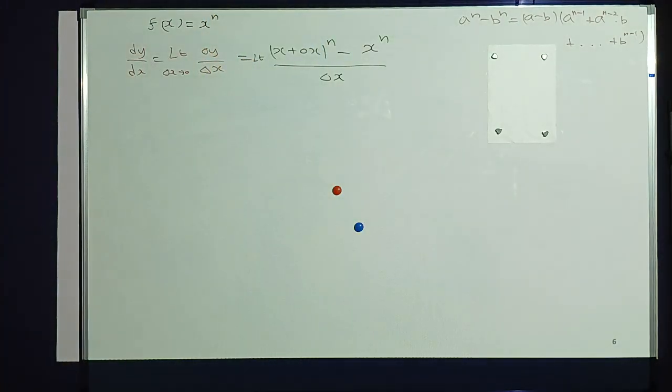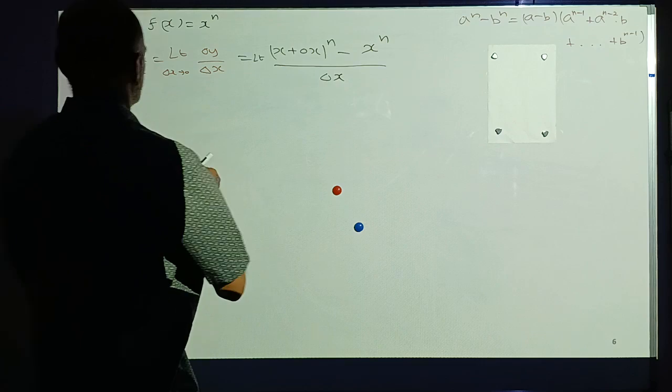So using that identity, we can solve this one.